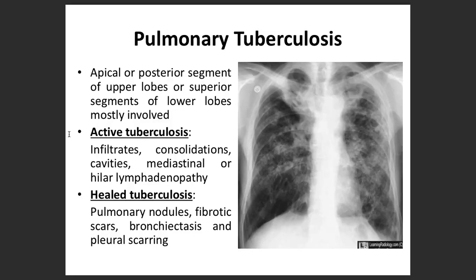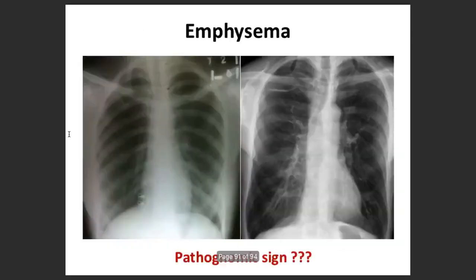And whenever you're thinking of pulmonary tuberculosis, always try to see in the apical or the posterior segment of the upper lobe, otherwise the superior segment of the lower lobe. So that is where you should try to always have a look.